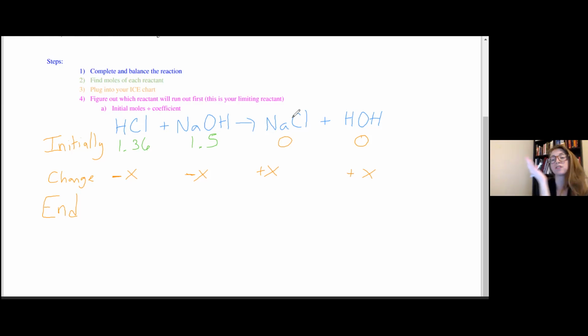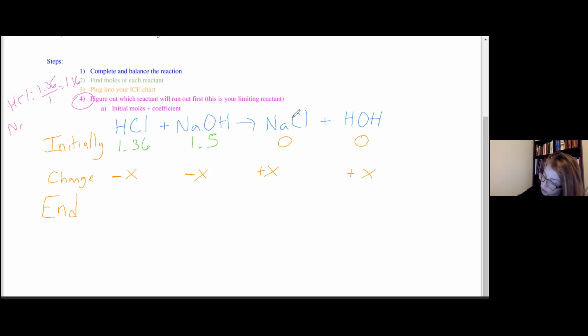What I want you to do off to the side of your paper, I don't want you to change anything we have. But for step 4, what we'll always do is take the initial moles of each reactant and divide by their own coefficient. So for HCl, we're taking 1.36, and then it has a coefficient of 1, so that's 1.36.